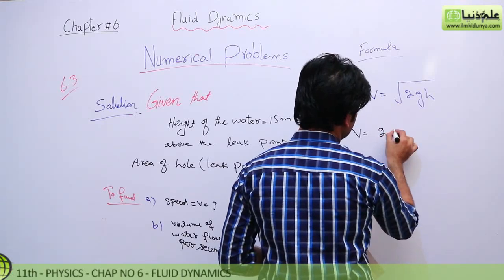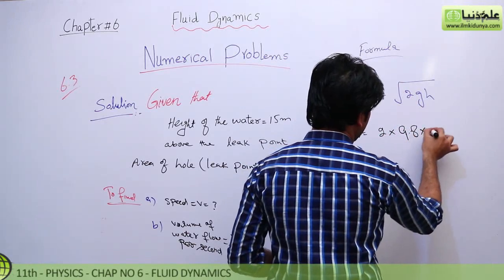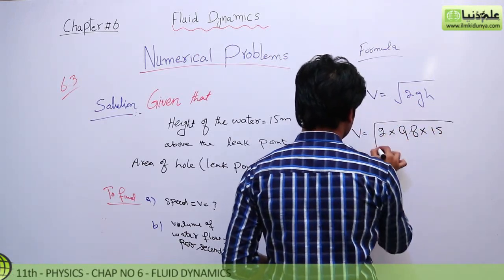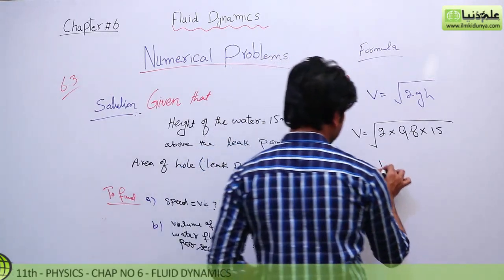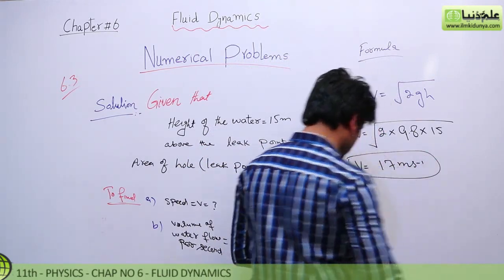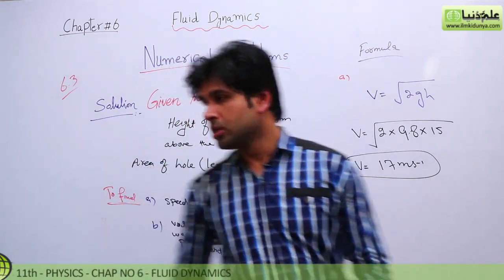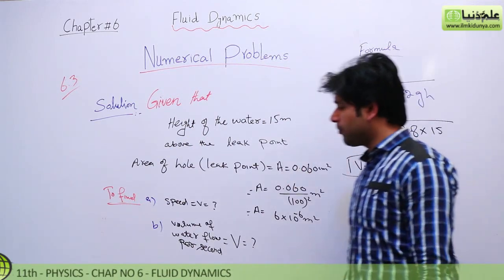We know that 2 is constant, g is gravitational acceleration, 9.8 meter per second square, and height is given as 15 meter. So when we solve this, we will have 17 meter per second. So this is the speed of emerging water from the hole. This is the point A.